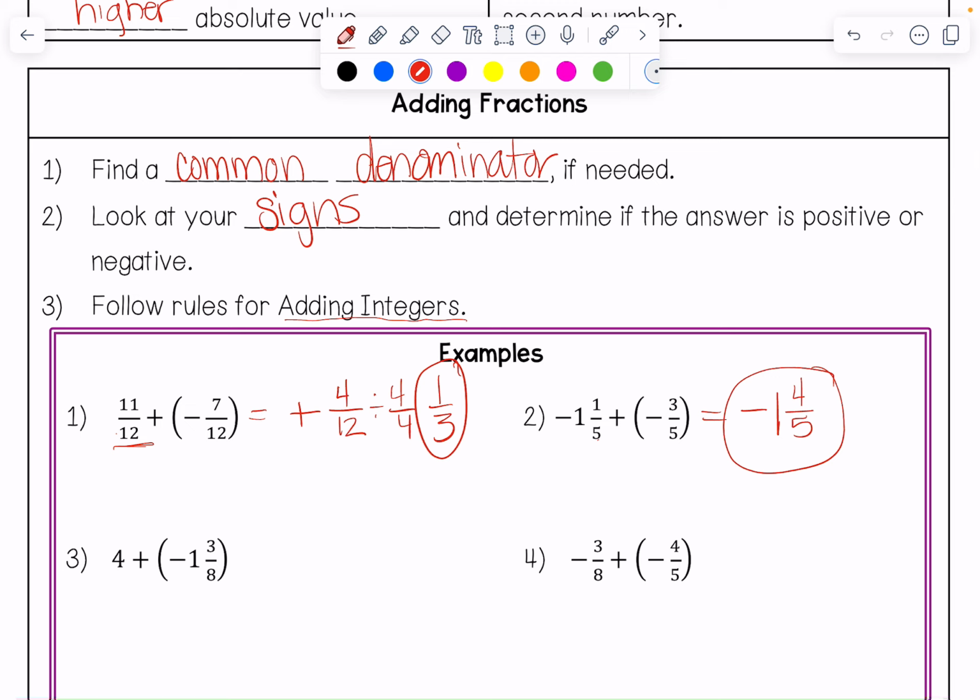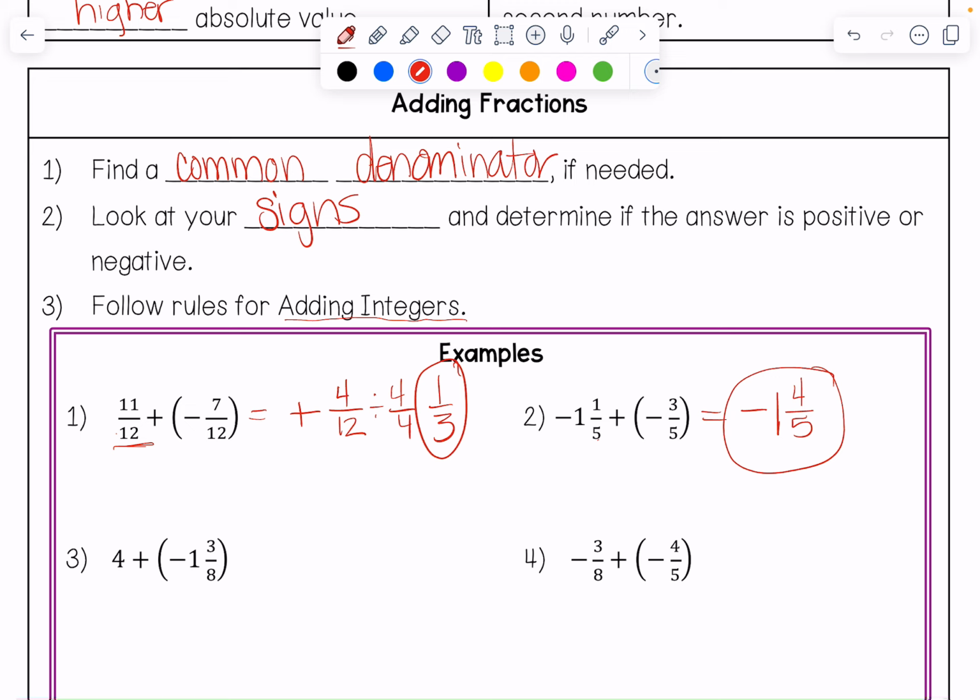Number 3, this is a good example where we're going to do some regrouping or some different thinking. So 4 plus -1 3/8. Notice the 4 is a whole number, so I don't have a denominator there. Some students make mixed numbers and improper fractions. That's one way you can do this, but I almost think it's easier to not think of it that way.